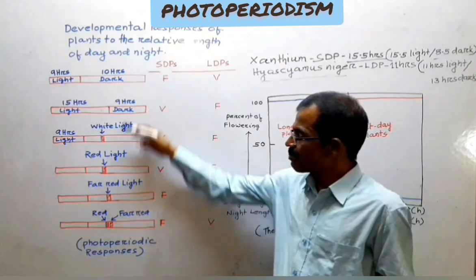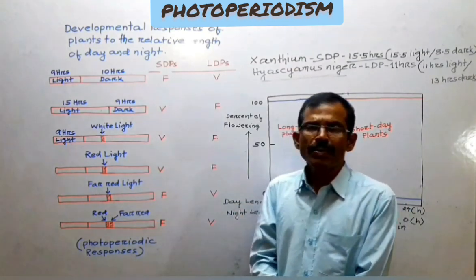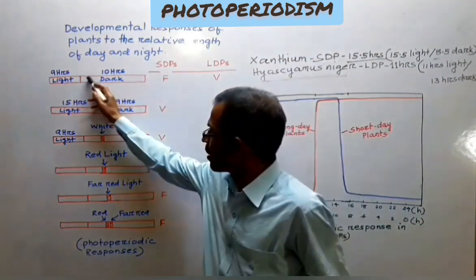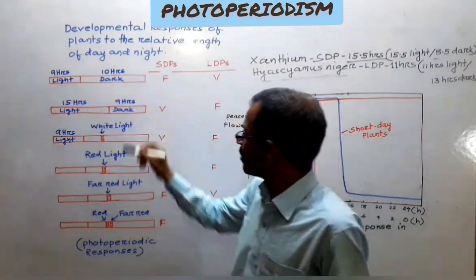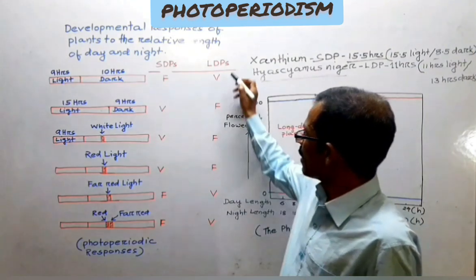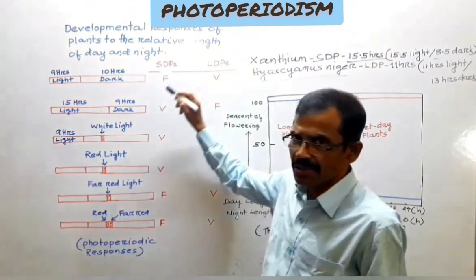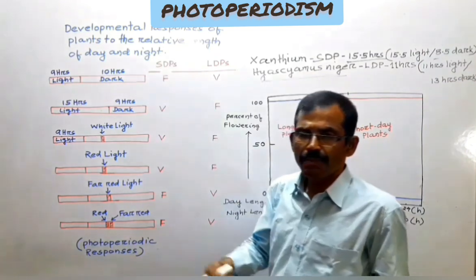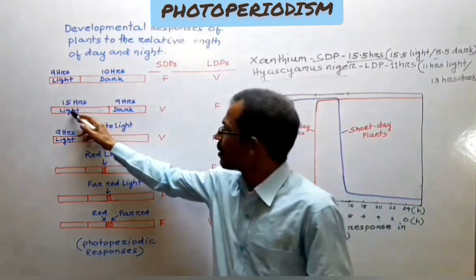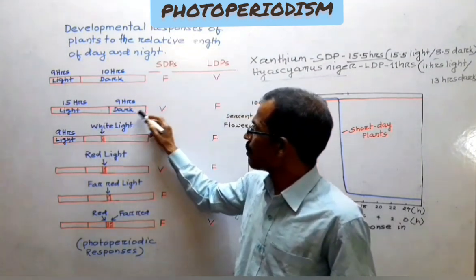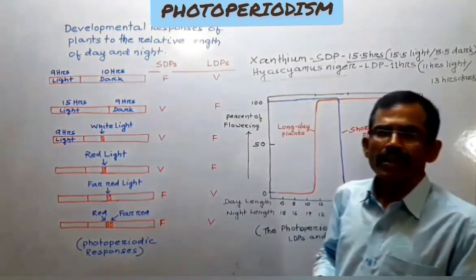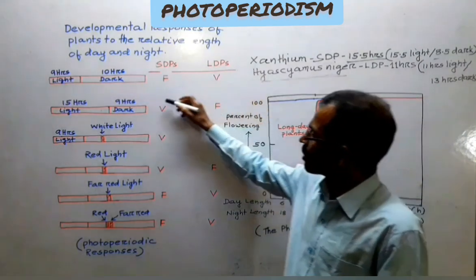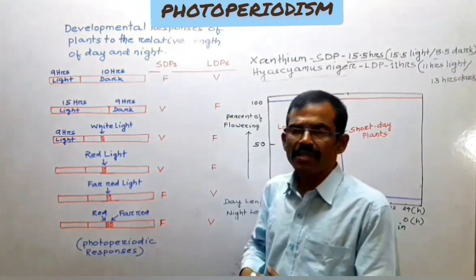This figure explains the photoperiodic responses in different groups. When the period of darkness is long, it inhibits flowering in long day plants, whereas it promotes flowering in short day plants. But when the light period is long and the dark period is short, it promotes flowering in long day plants, but the short day plants remain vegetative.